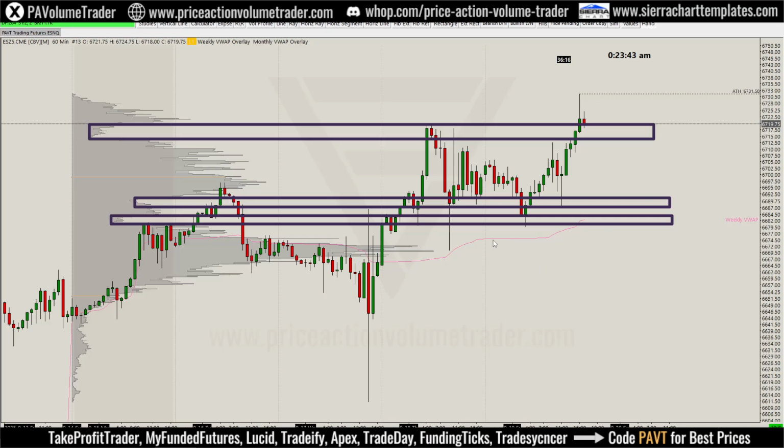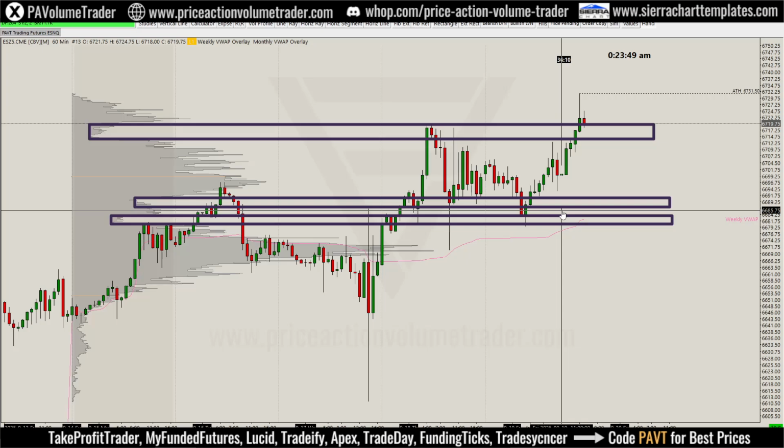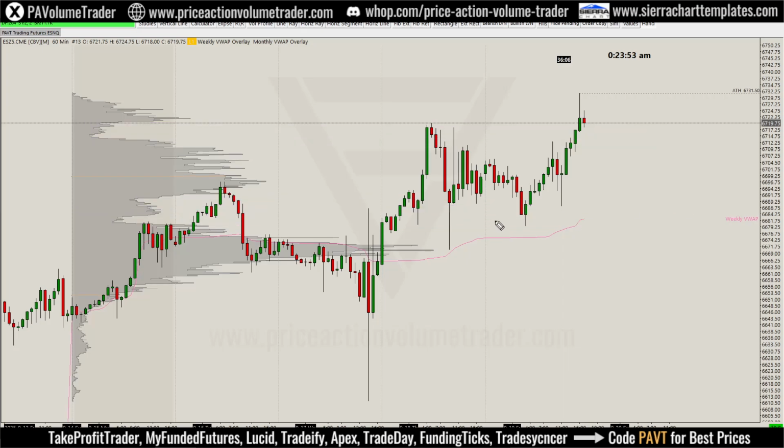Okay, so you can see one of them was the low for Friday. And then the second one was the swing low at 11 o'clock on this pullback right over here.